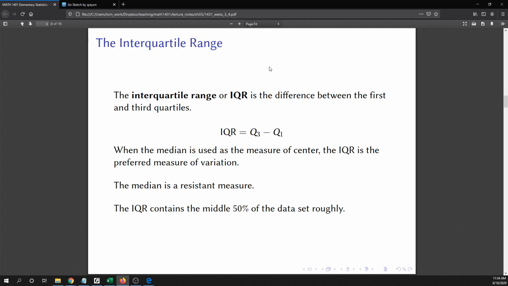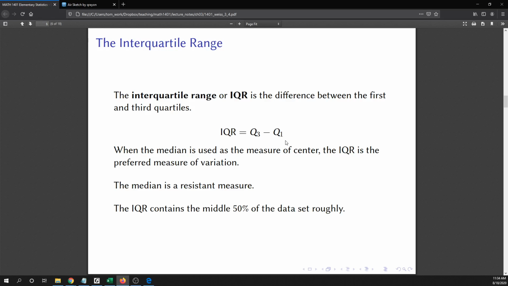All right, the next thing we want to talk about is the interquartile range, and you'll see that abbreviated as IQR. And all that is the difference between the first and third quartiles. So the formula for the IQR would be Q3 minus Q1. So you have to determine the quartiles first, or at least Q3 and Q1, and then subtract those two.